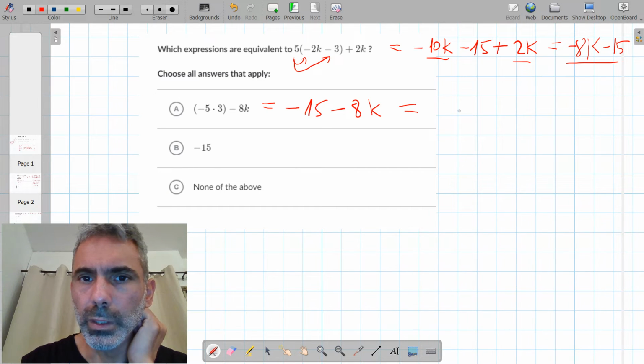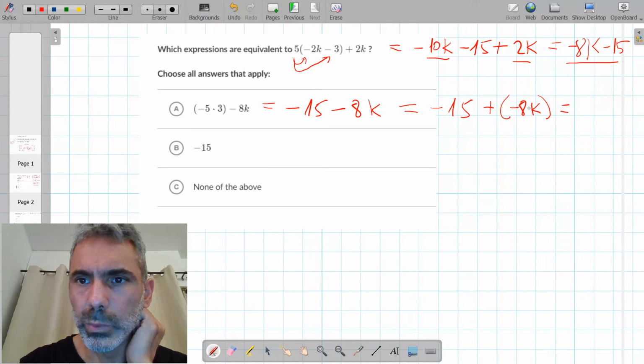we can write this expression as minus 15 plus minus 8k, and then we can swap the two terms, because when we add two terms we can apply the commutative property, which says that it doesn't matter in which order we add them.